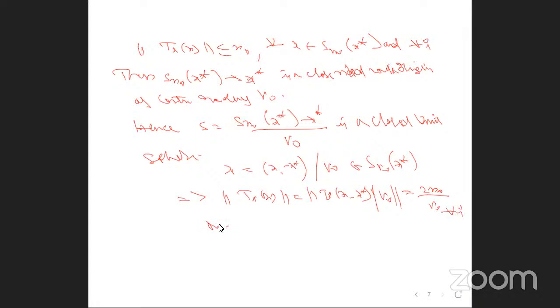Let M equal 2 n naught divided by r naught. Then norm of T_i equals the supremum of norm of T_i(x) for x belonging to S, which is less than or equal to M for all i. So T_i is bounded. This completes the proof.